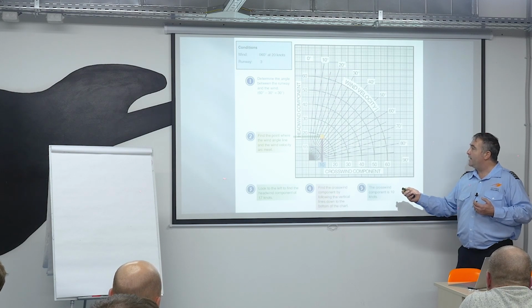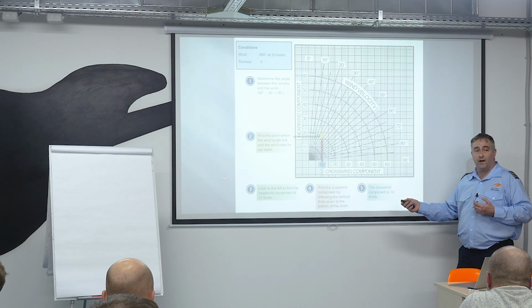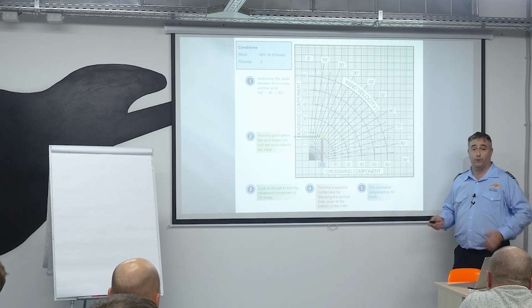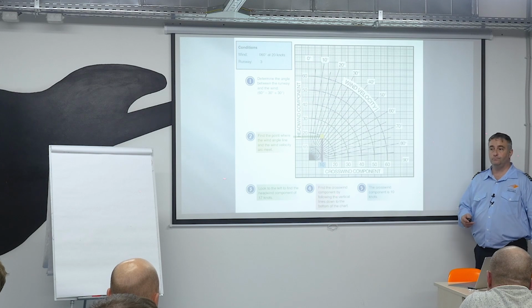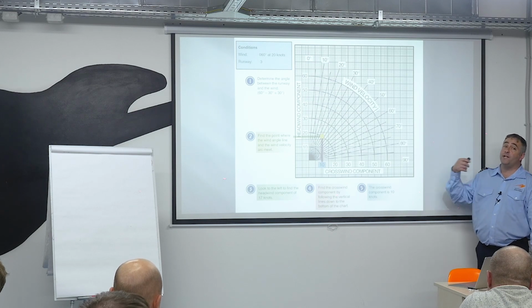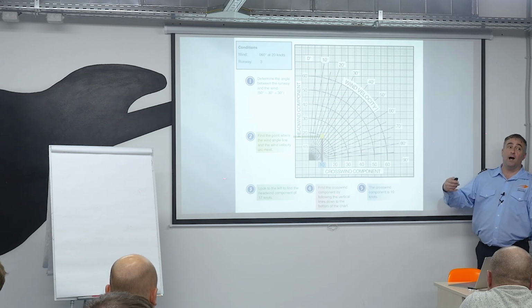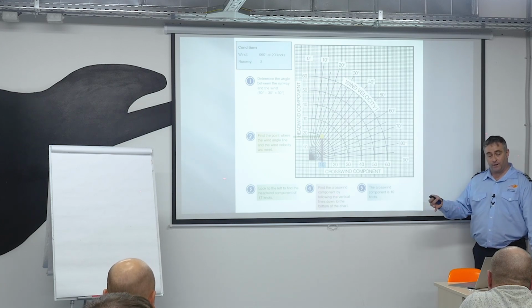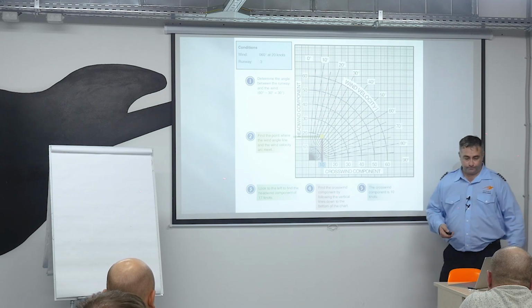Okay? And then I can come straight down to find the crosswind component and straight across to find the headwind component. So for each wind, I'll find my headwind component. I'll also consider the crosswind component.